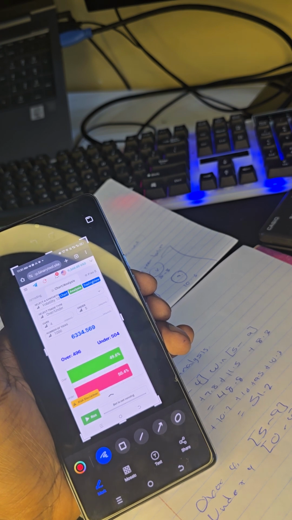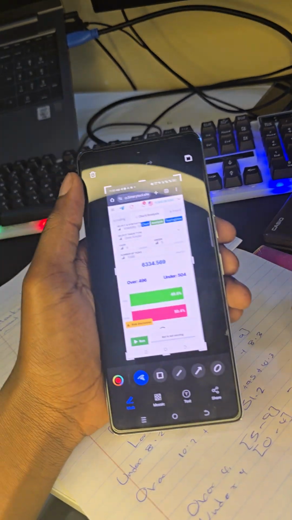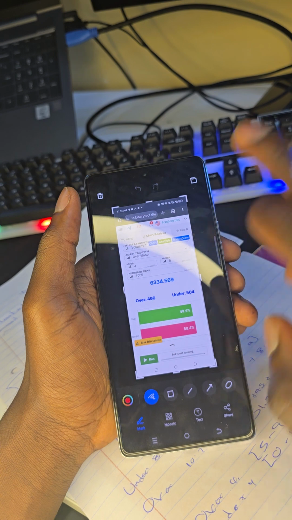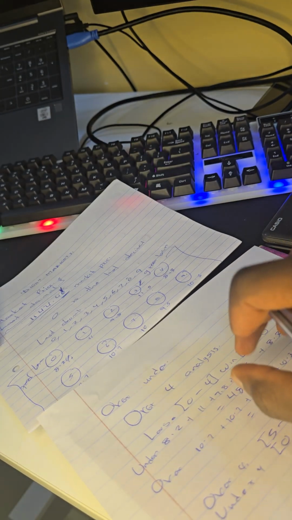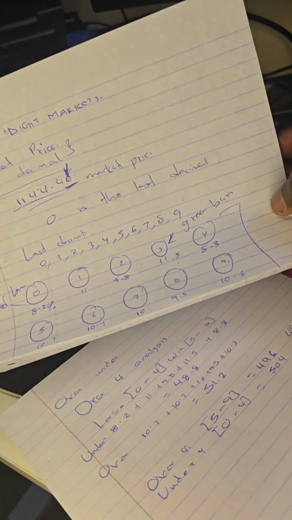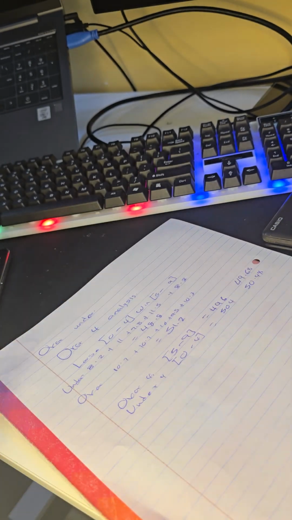Alafu the other one ni 50.4%. So this is the work of an analysis tool. So this tool helps you to calculate these digits instead of doing the manual calculation according to these last digit predictions.